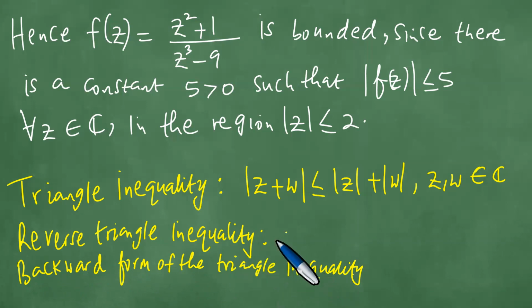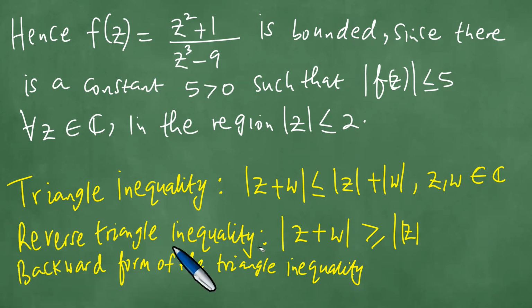What is this backward form? It says if you have the modulus of z plus w, it is certainly greater or equal to the modulus of z minus the modulus of w, like this. This is called the backward form of the triangle inequality.